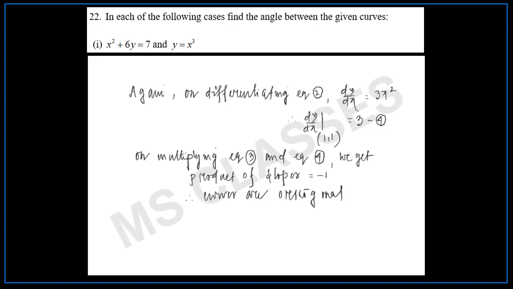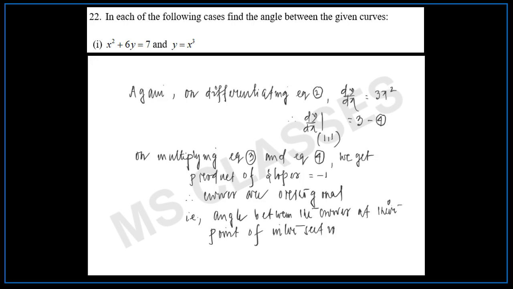That is, angle between the curves at their point of intersection is 90 degrees.